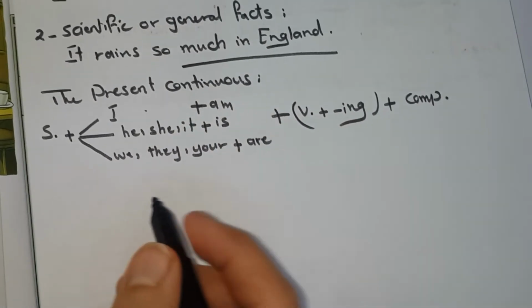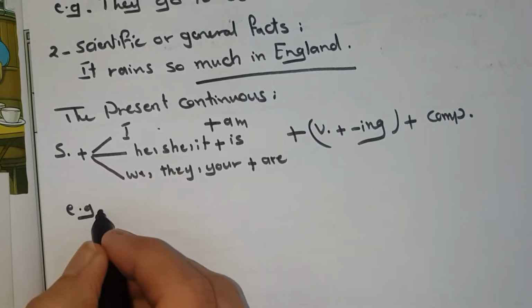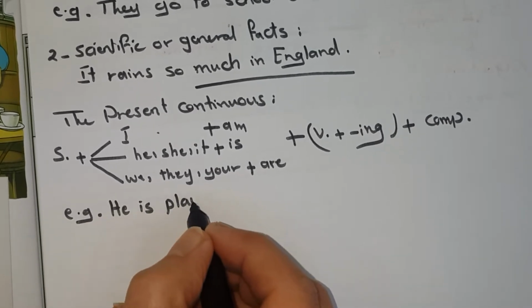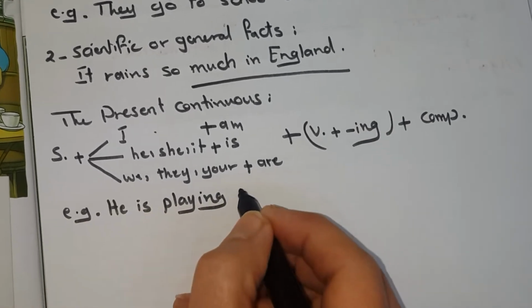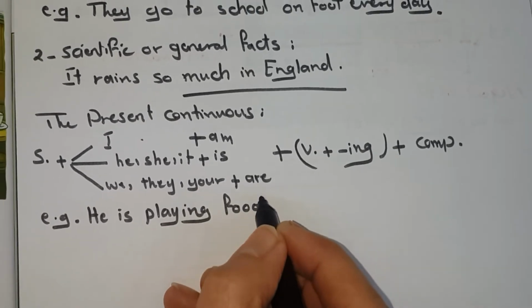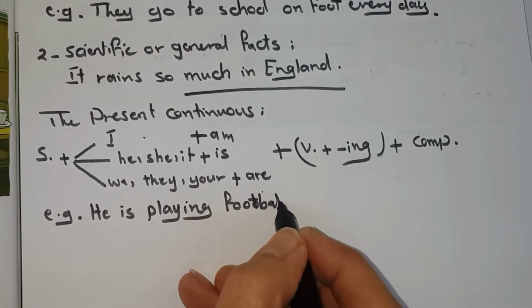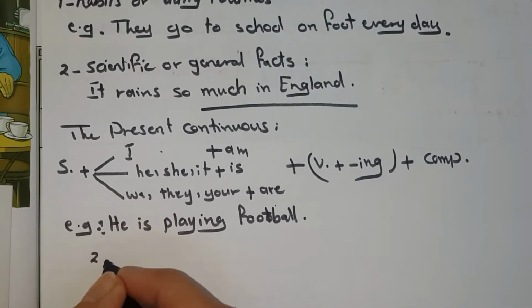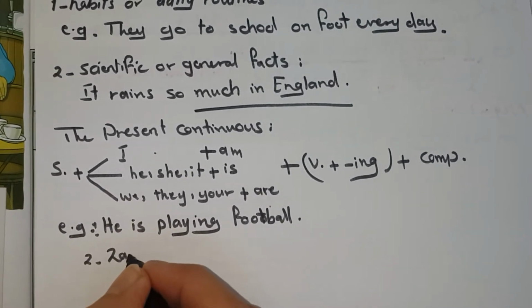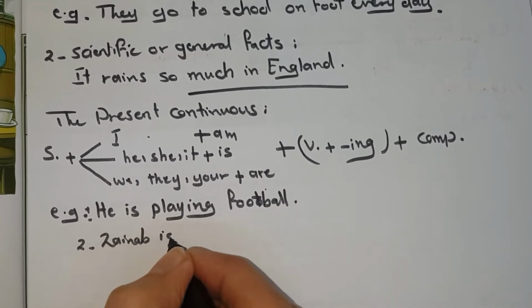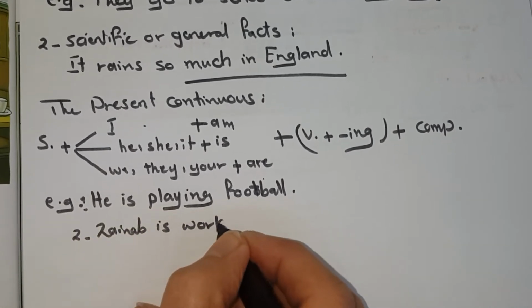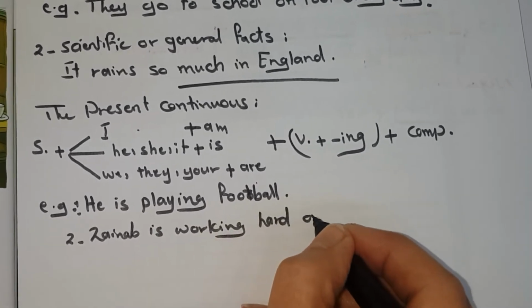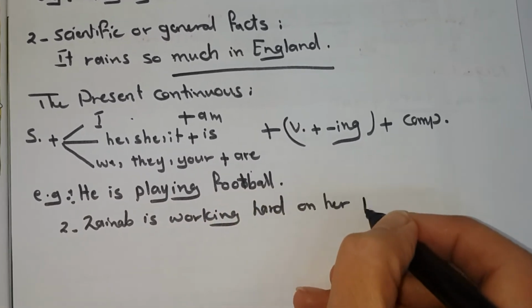For example, I can say he is playing football. This is number one. Number two, Zainab is working hard on her project.